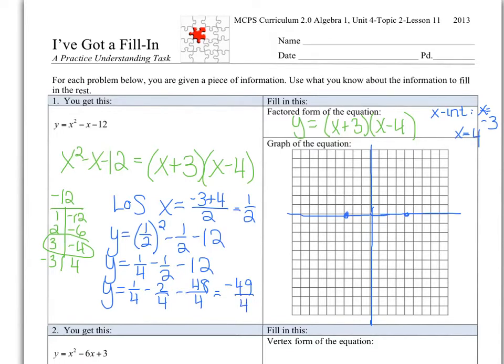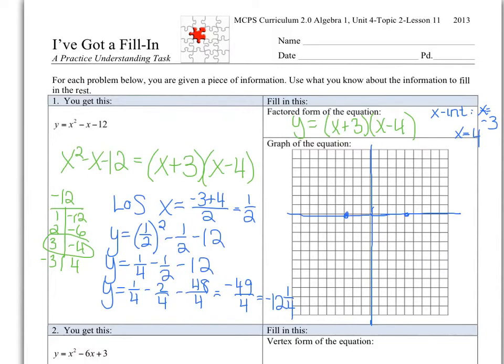Well, 4 goes into 40 10 times. We have 2 more 4s we can put in, so 12, that's 48. So this is really negative 12 and 1/4.